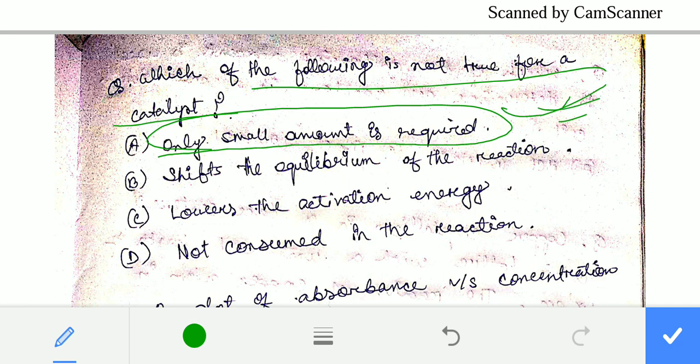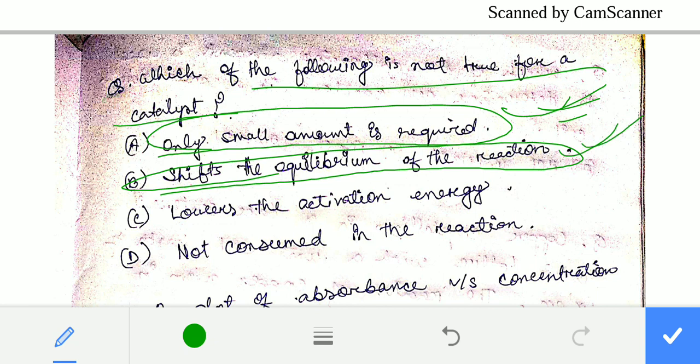The option that it shifts the equilibrium of the reaction is incorrect, because it does not shift the equilibrium, but it helps the reaction reach equilibrium as soon as possible, or you can say it speeds up the reaction. So the incorrect option is option B, which says it does not shift the equilibrium of the reaction.